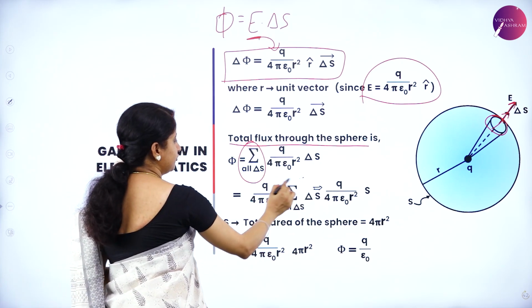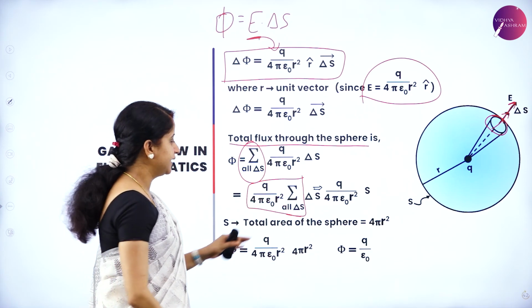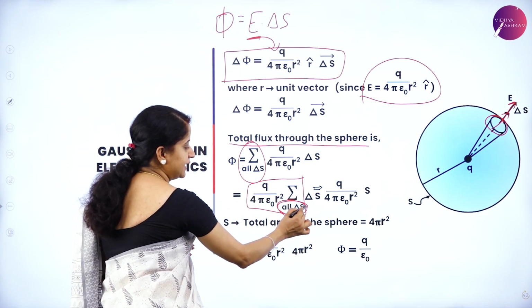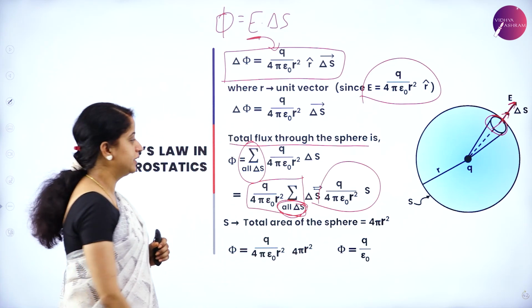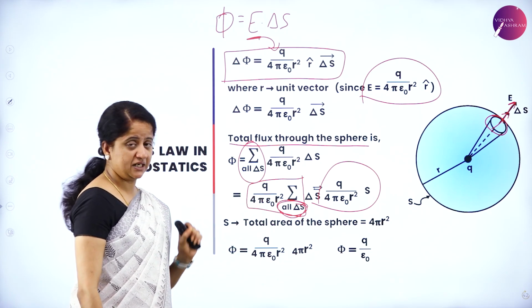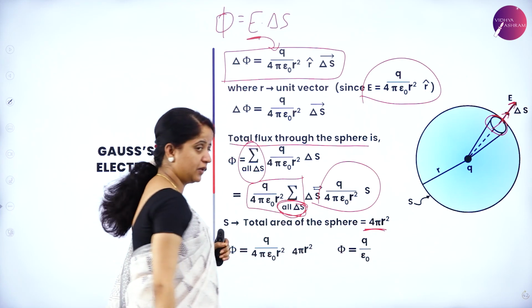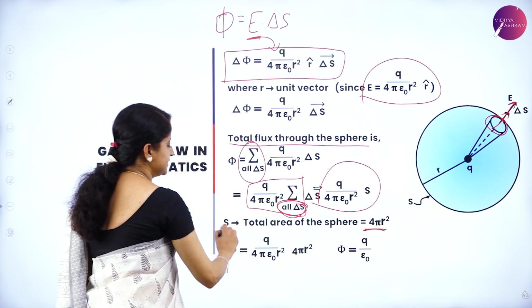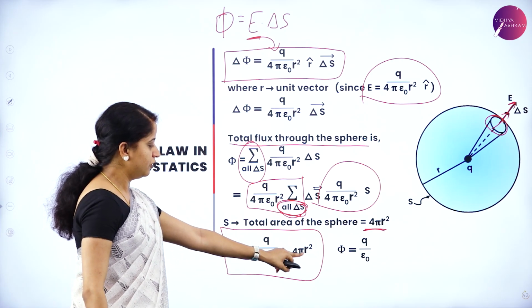So Q divided by 4 pi epsilon naught R square into summation of all delta S, that is adding all small area elements, will give us Q divided by 4 pi epsilon naught R square into S, where S is the total area of the sphere. Since we have considered the spherical surface, it is 4 pi R square. Now the total flux phi is equal to Q divided by 4 pi epsilon naught R square into 4 pi R square.